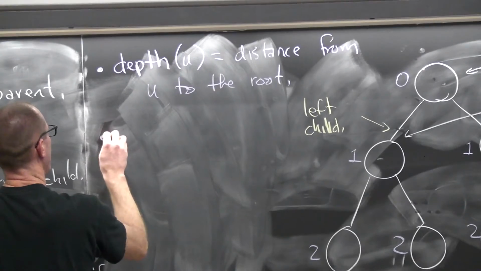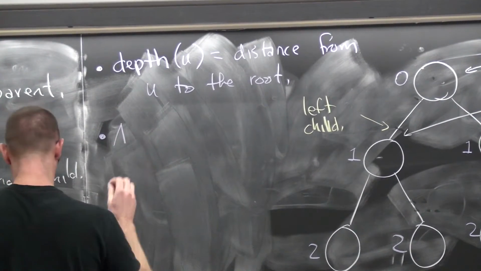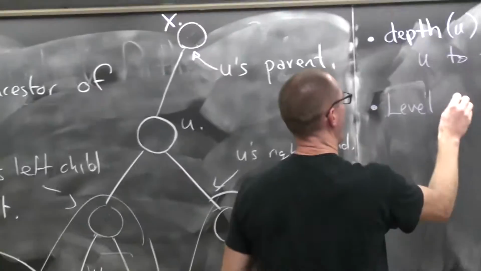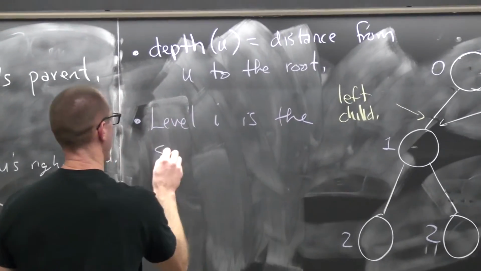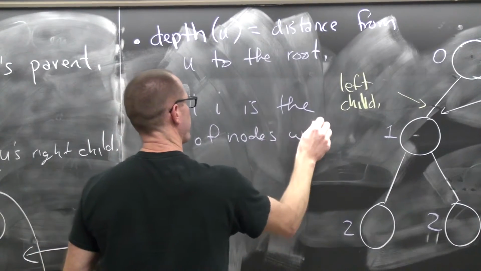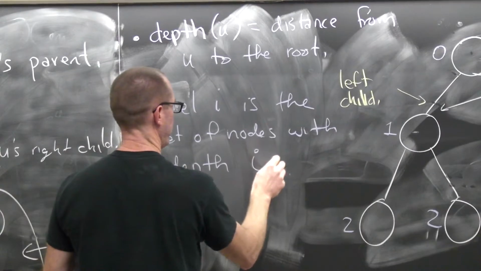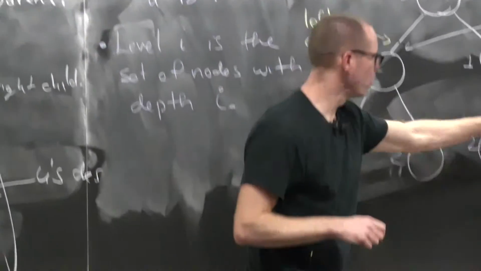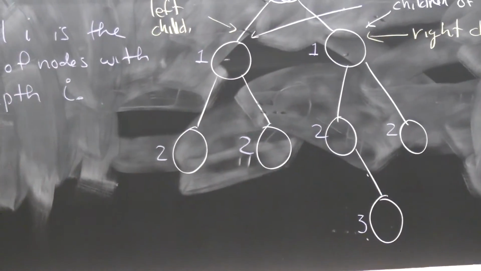So we have depth. We might talk about level I, which is the set of nodes with depth I. So level 1 is these two nodes, level 2 is these two nodes, level 3 is this node, level 0 is just the root.